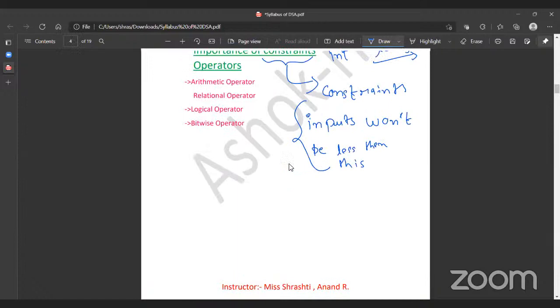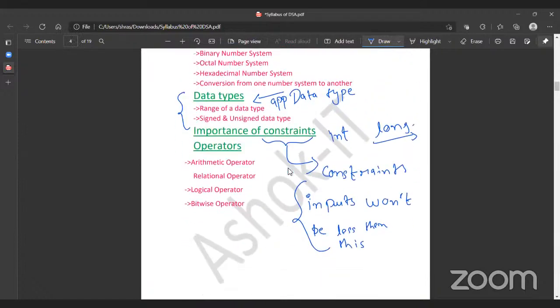Okay, I got one point for the constraints. Okay, Ranju, what happens is you have been given a question where you need to input a number. When you are thinking about the number, it can be any number.